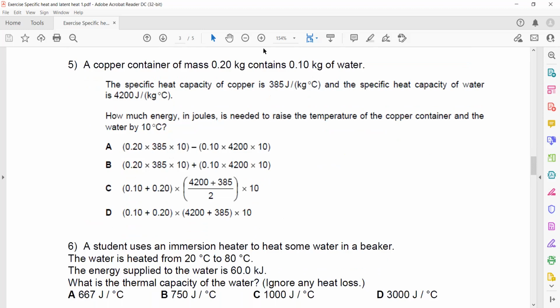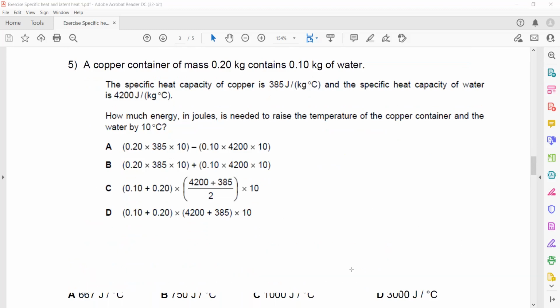In this question, you will find most of the MCQs related to this topic are numericals, with mostly calculation. So we have a copper container of mass 0.2 kilogram containing 0.1 kilogram of water.